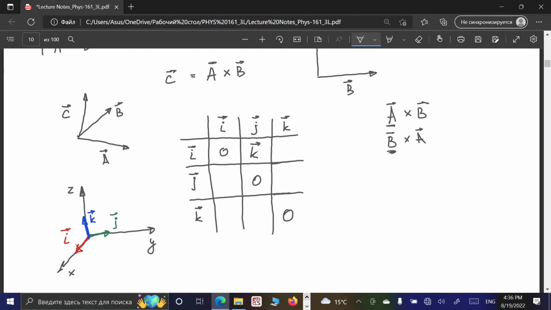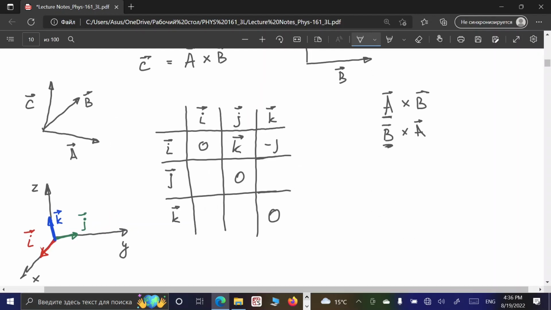I'm not so flexible, but this should result in the direction which is opposite to axis y. So it will go here. And since it goes here, it will be opposite direction of unit vector j. That's why we write in this last cell minus j.